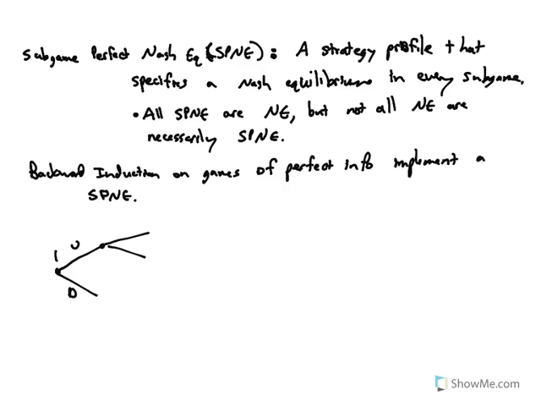Player 2 chooses A, B. C, D. One, 5, 2, 0, 0, 6, 6, 2. Okay.